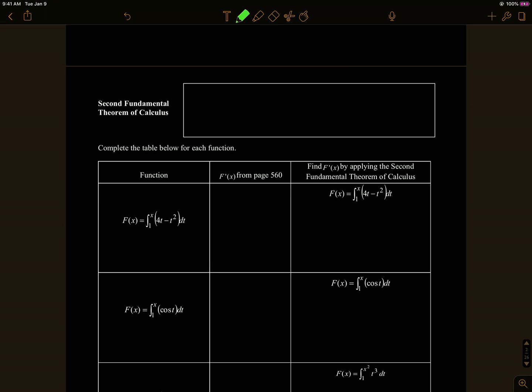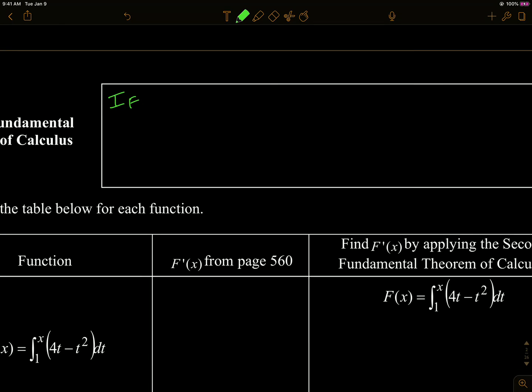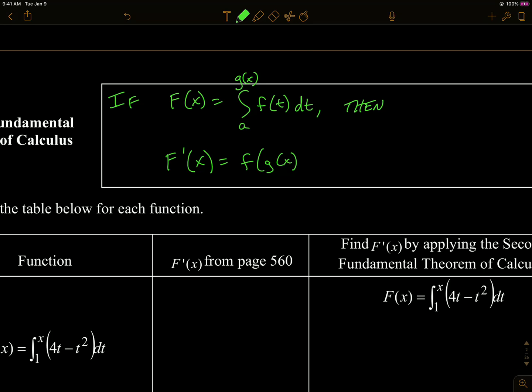So first we're going to take a second and write a definition for the second fundamental theorem of calculus. It's really just kind of part 2. So we're going to say if capital F of x is equal to the integral from a, where a is a constant, to some function of x here, we did x on the first one, and then we did x squared after that, of a different function, f of t, then the derivative of that function is going to be f of g of x times g prime of x.